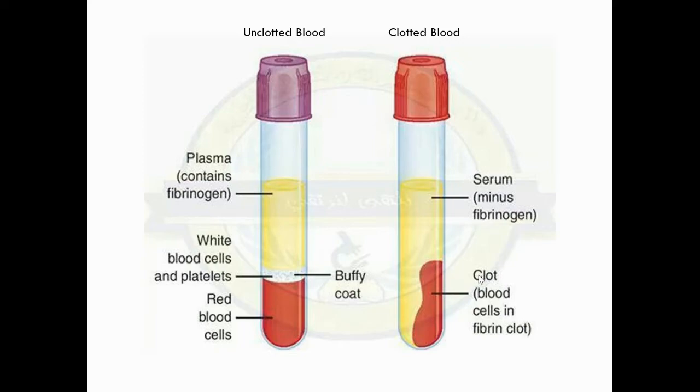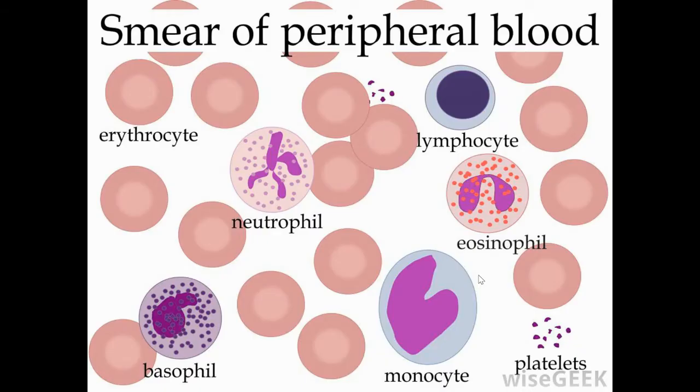Now for the next slide. So this is the smear of a peripheral blood. So I don't know if you're able to see a smear or a blood smear. So kani siya man na to mga red cells.